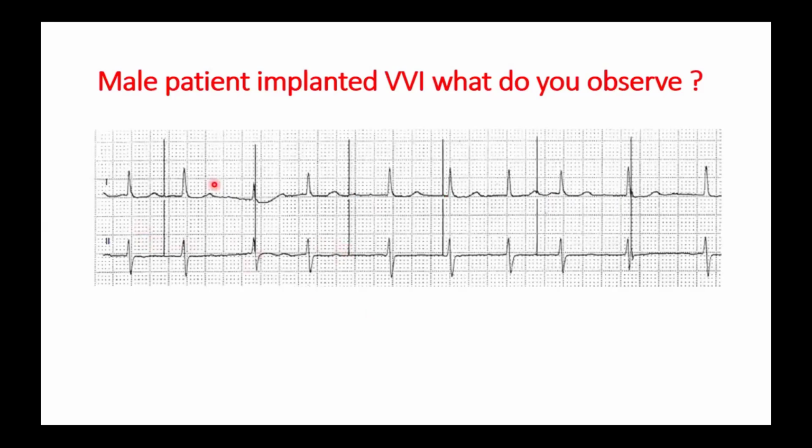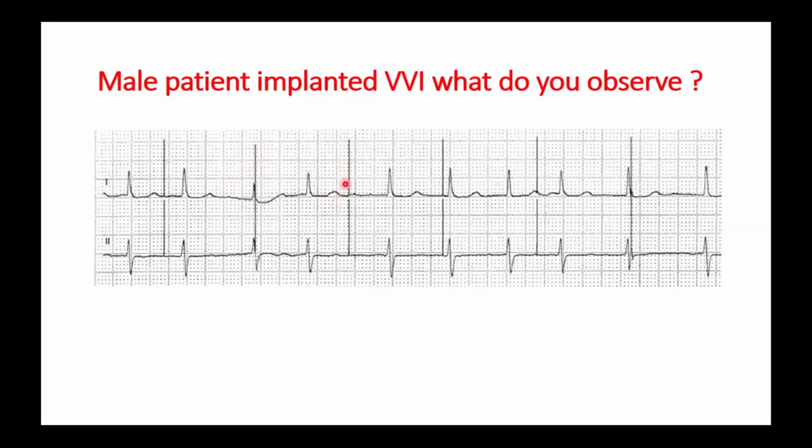First case: this is a rhythm strip from a patient who has an implanted single chamber pacemaker. We can notice here that there are pacing spikes at a fixed rate, about 60 beats per minute. Whenever an intrinsic beat occurs, it doesn't reset the timing.